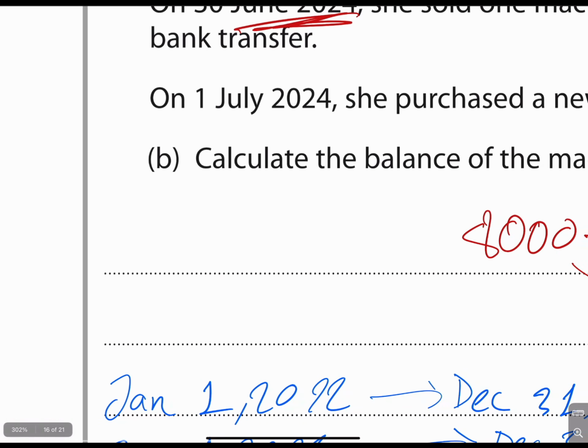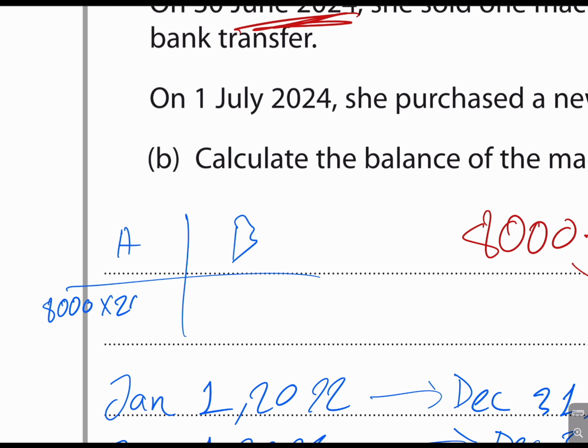So 2 years. So we have got asset A, asset B, 8,000 into 20%, 1,600. Year 1, 8,000. Year 2 as same as well.